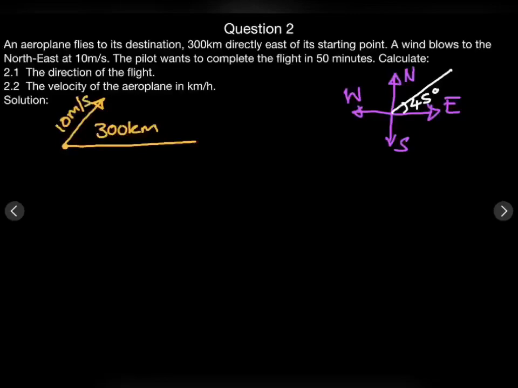We have to choose a direction such that when the wind pushes the plane, it will end up at the destination. Since the wind is blowing northeast, it would be wiser for the plane to take a direction which lies in the region of southeast.